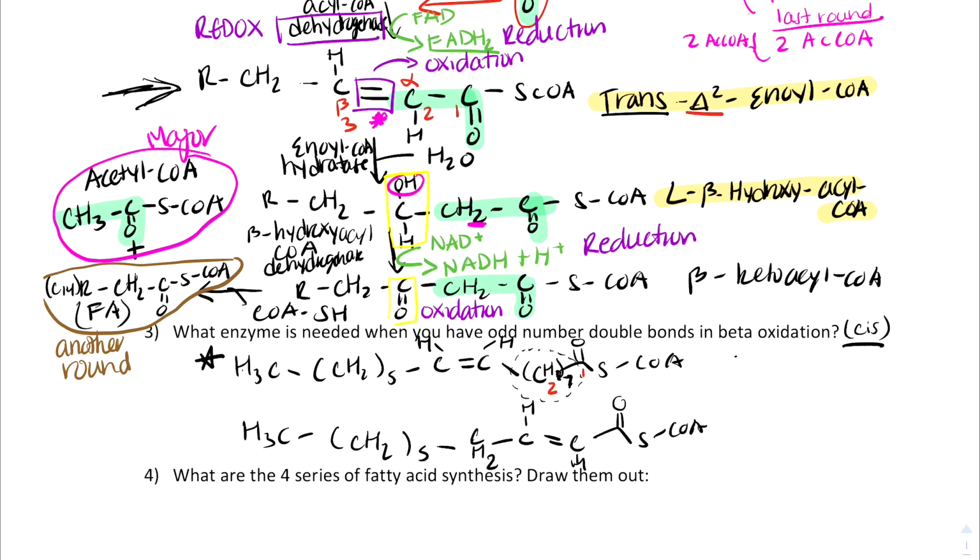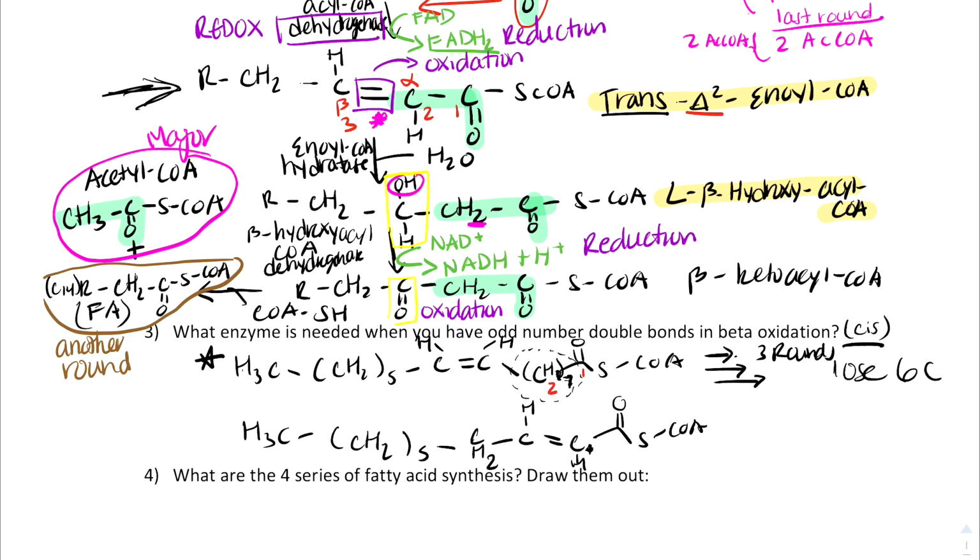Technically, after 3 rounds of beta oxidation, we lose 6 carbons. So let's just say that instead of the 7 CH2, now we only have this one right here, which I'm putting a star next to, and the remaining that we have here.